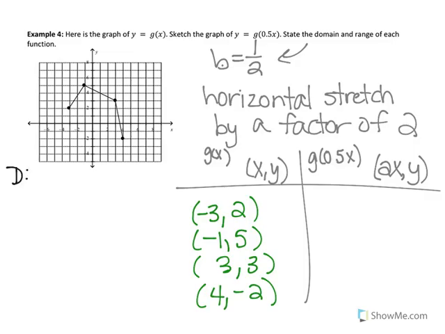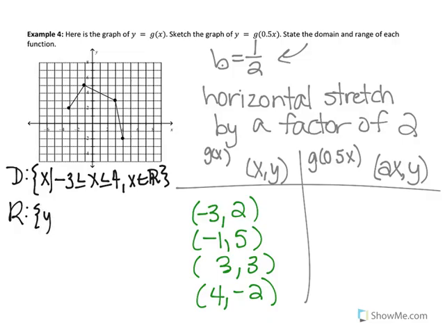Quickly, before I move on, let's do the domain and range of this function. It looks like the farthest to the left it can go is -3. So -3 is less than or equal to x, which is less than or equal to 4, for real numbers.